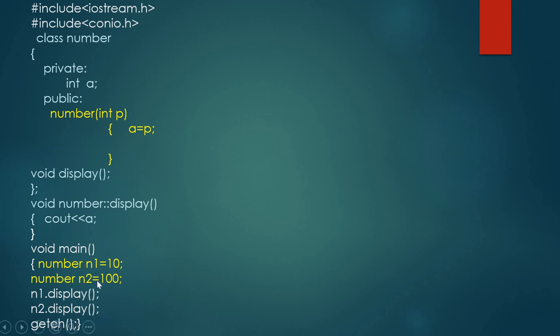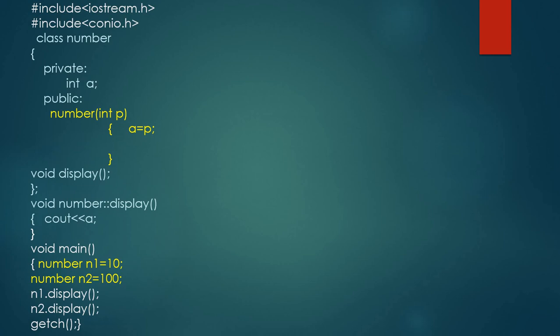Then the second, n2 is initialized with the value 100, meaning n2.a will get the value 100. n1.display and n2.display: n1.display will print 10, n2.display will print 100.